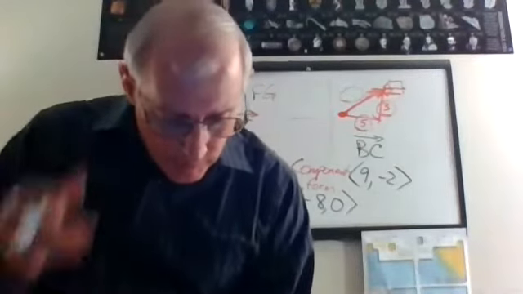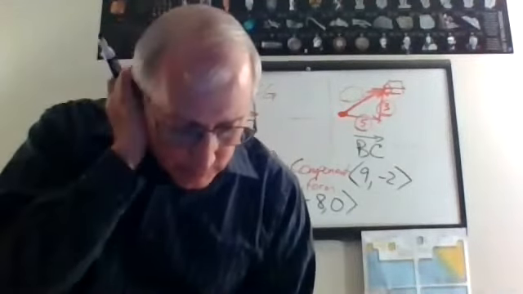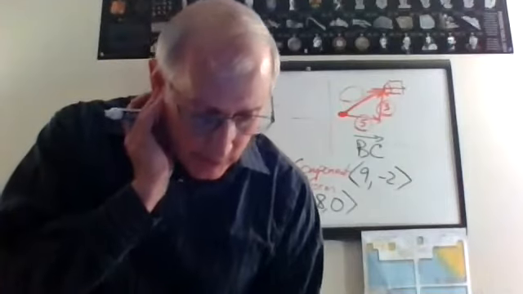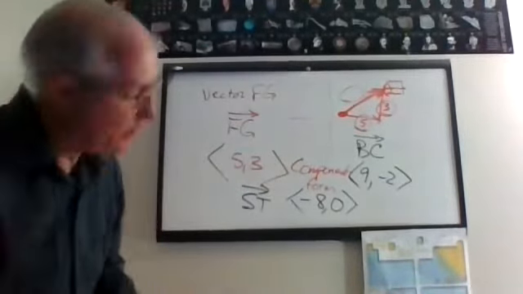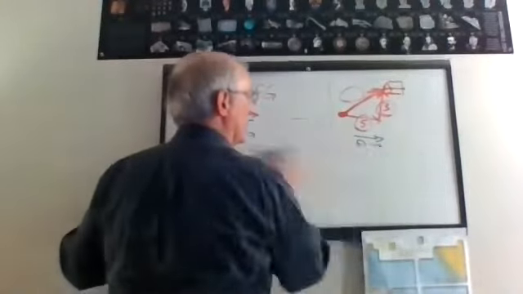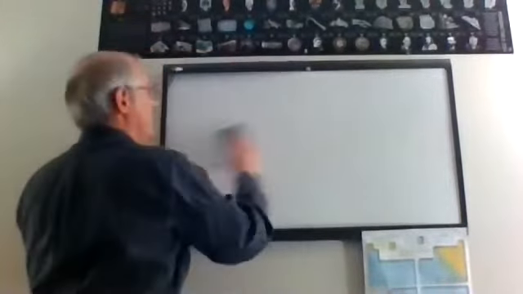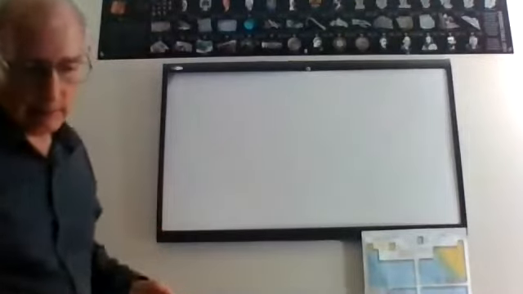Example 4, we've got a triangle, and we want to translate that using the vector 5, -1. Well, that's real easy. And do they want us to draw it? I don't think so, but let's just go ahead and show you how easy this is. We've got A is 0, 3.